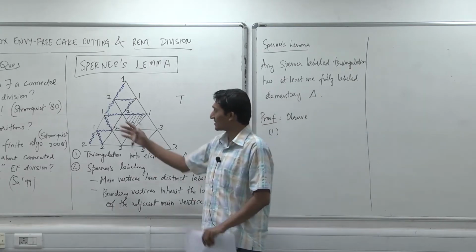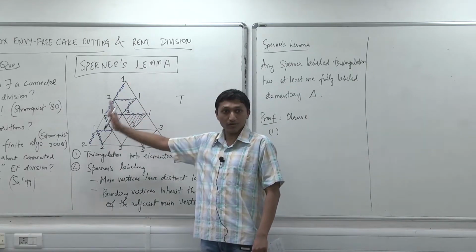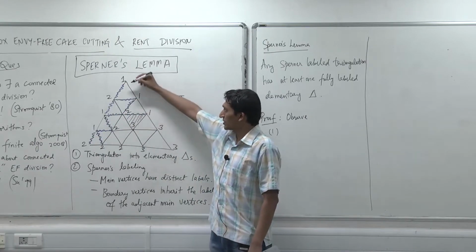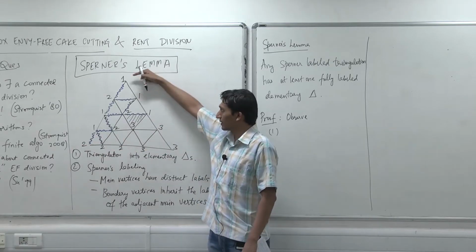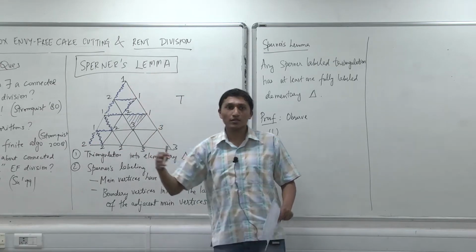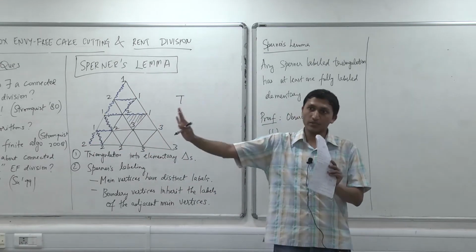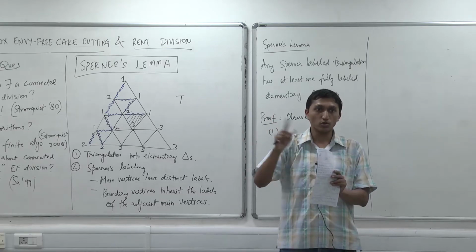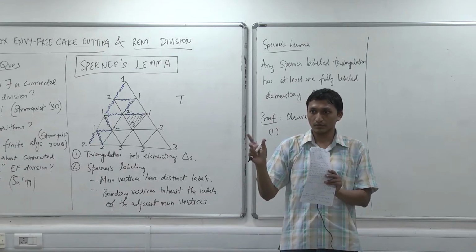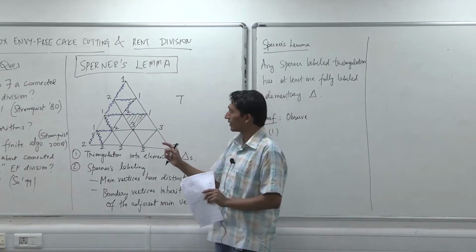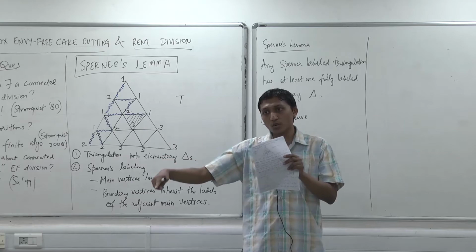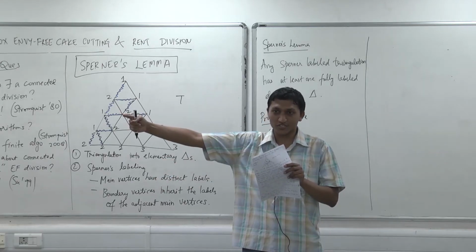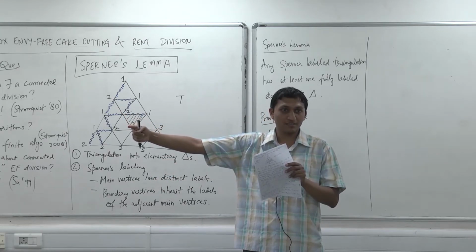But let's just look at the number of doors on the boundary. Start walking from this label 1 point to the label 2 point. When you start, you start with label 1. When you end, you end with label 2. So there's at least one 1-2 switch. And if it so happens that there is a switch from 2 back to 1, then there has to be another 1-2 switch to compensate for that.